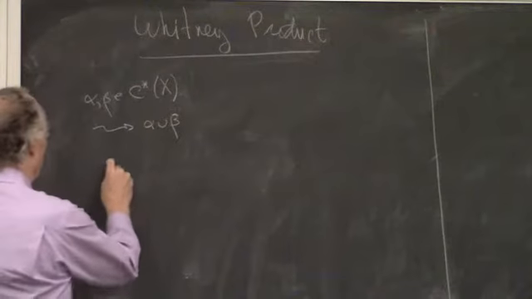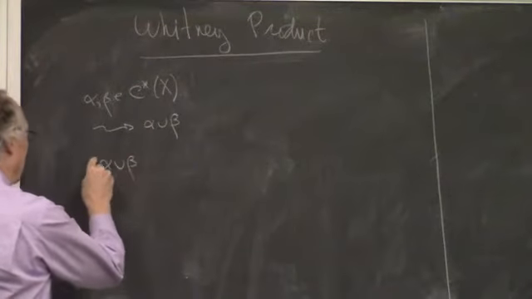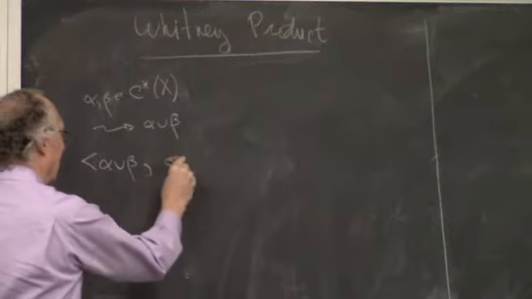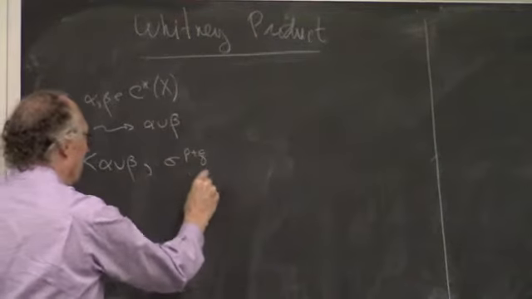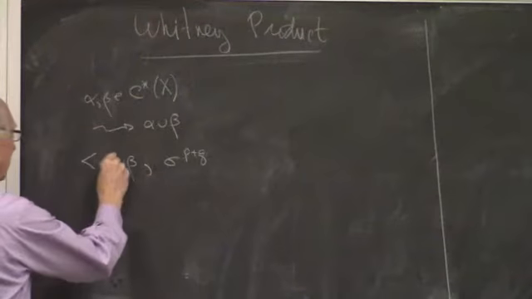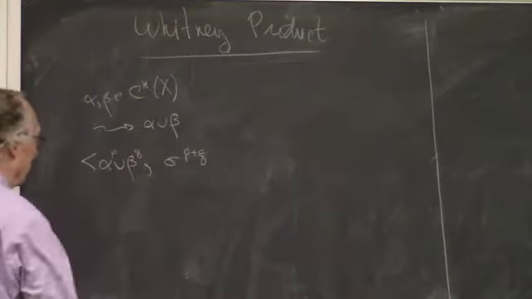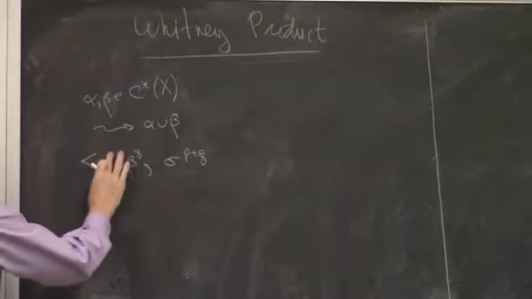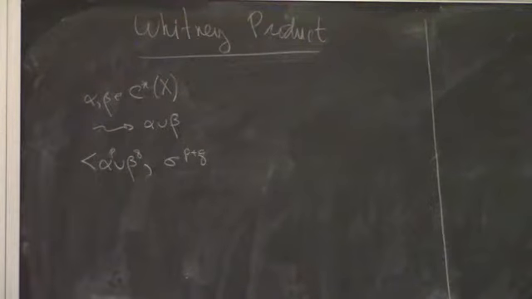So let me tell you what alpha cup beta is by describing how it evaluates on any singular simplex sigma of the appropriate dimension. So if you take the cup product, this is a graded, degree preserving operation.